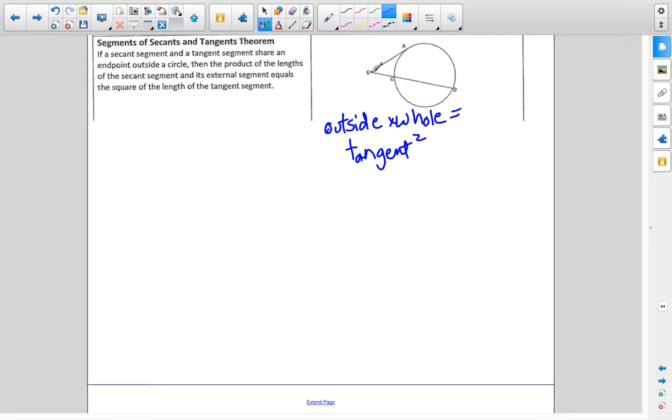So in our case, it will be EC, the outside, times the whole, ED, equals EA squared. So E to C times E to D, the whole, will equal EA, the tangent, squared.